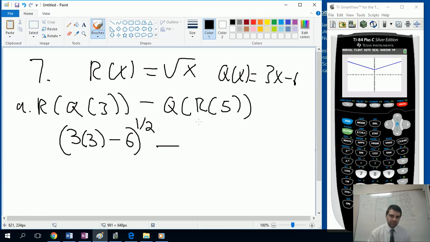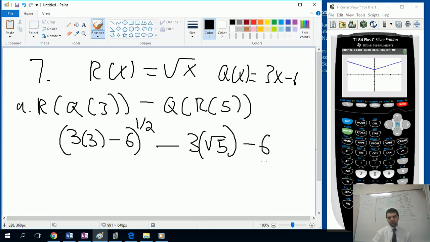Minus r of 5. So that's going to be the square root of 5. But we're taking Q of it. So that's going to be 3 times the square root of 5 minus 6.